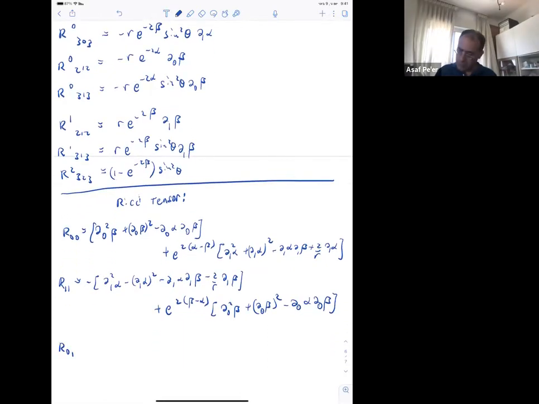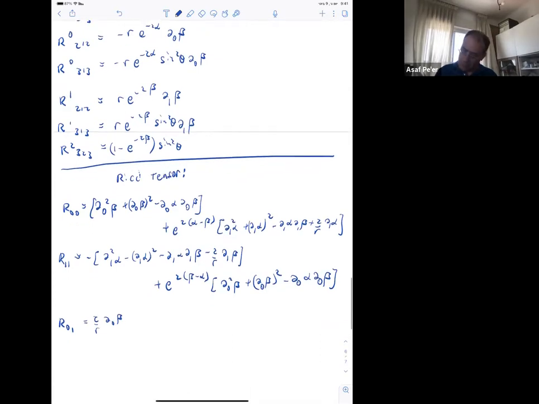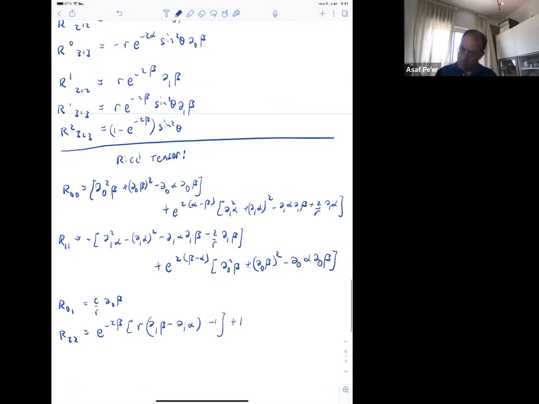R01 is 2 over R d0 beta. R22 is e to the power minus 2 beta times R d1 beta minus d1 alpha minus 1 plus 1. And R33 is R22 sine squared theta.